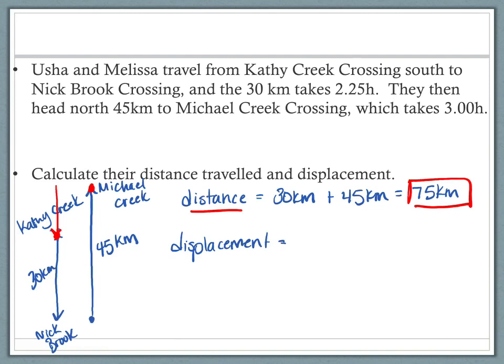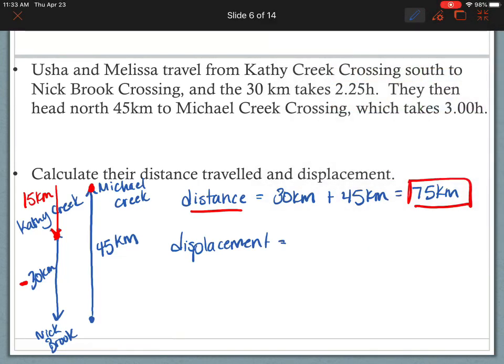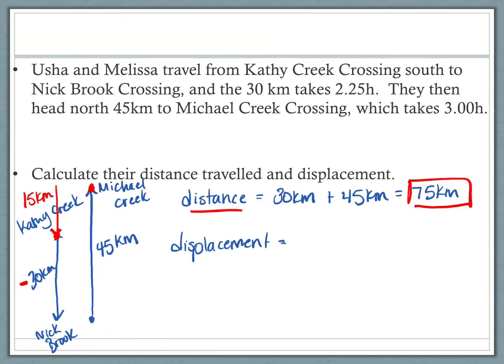Okay, well, a lot of you can already see, well, this is probably going to be 15 kilometers here, right? Because that's 45, which is 15 kilometers north of that 30 kilometers. Okay, another way of writing it is, since this 30 kilometers is south, I'm actually going to put a negative there. So we're going to start to use negatives and positives to denote direction, and I'll be going over that a little bit more very soon. But I'm going to put the negative there for 30 kilometers, saying that that is south.